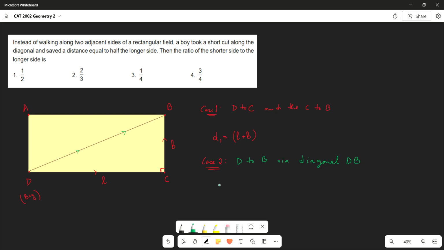Suppose the distance is D2. What will be D2? D2 will be equal to the square root of L square plus B square, using Pythagoras theorem.